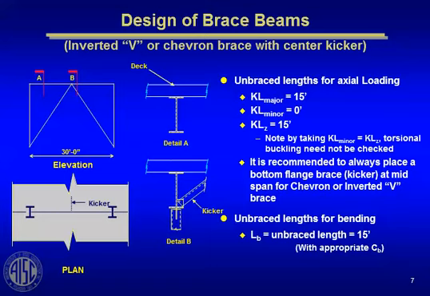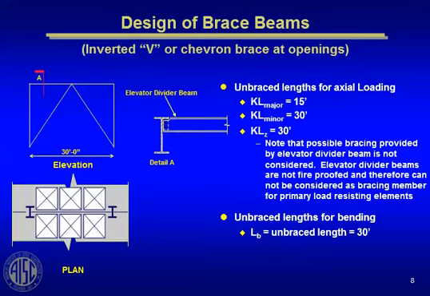And then torsional unbraced length is still 15 feet, assuming we're going to put a kicker there at mid-span that would control the torsional buckling. So again, you have to be very careful about what your real unbraced lengths are for those three different limit states: flexural buckling X, flexural buckling Y, and torsional buckling Z.